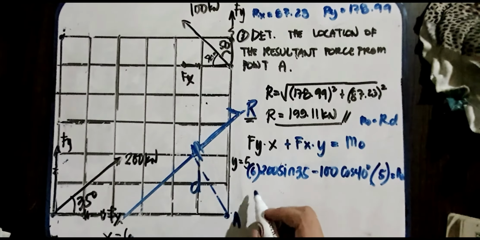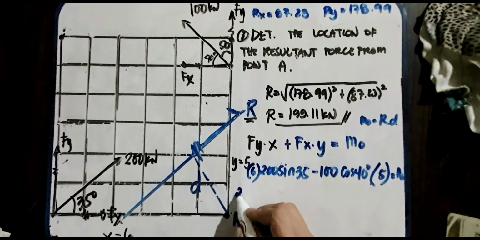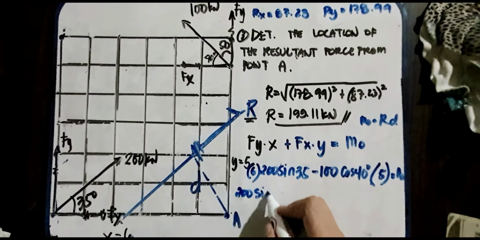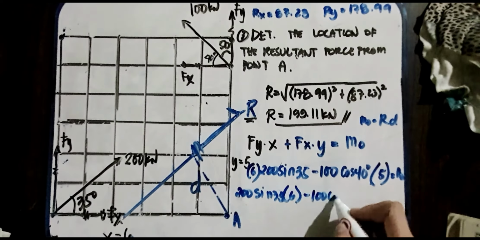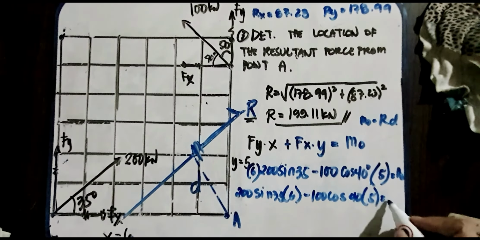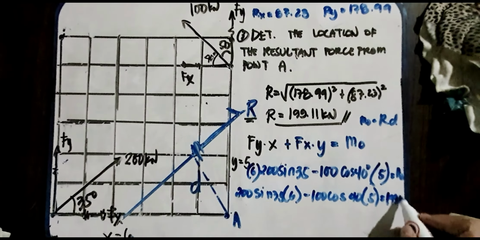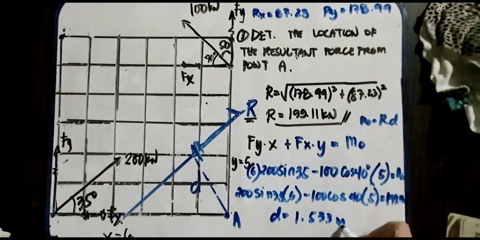Oh, so ilan na to? So, ito i-compute muna natin. So, ayusin muna natin. We have 200 sine of 35 multiplied by 6 minus 100 cosine of 40 multiplied by 5 is equal to your 199.11 D. Okay, so we have D to be 1.533 meters. So that is the final answer.